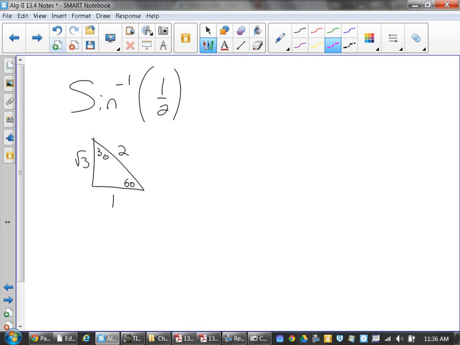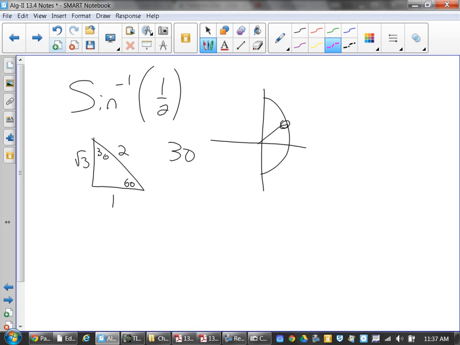Which of the two triangles has a 1 and a 2? You use your reference angle, your triangle, to figure out which one has a sine value of 1/2. Well, it's 30 degrees. Sine is between the first and second quadrants, so I'm okay with being 30 degrees here.